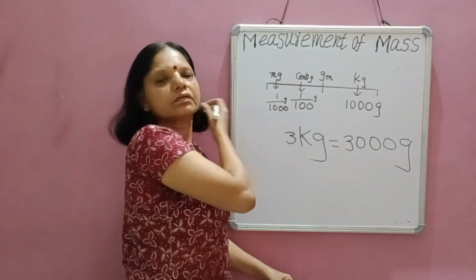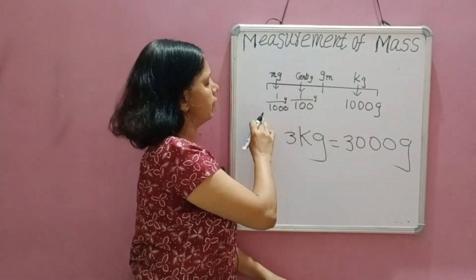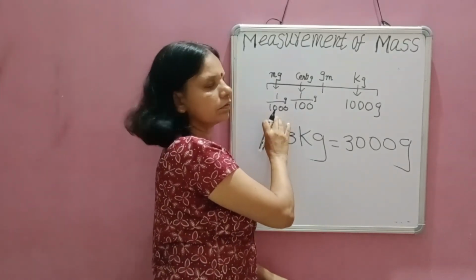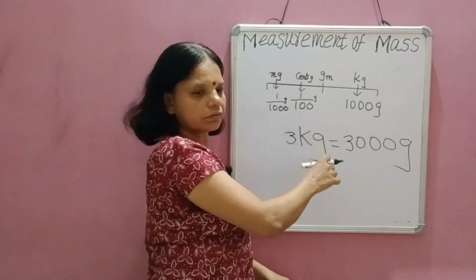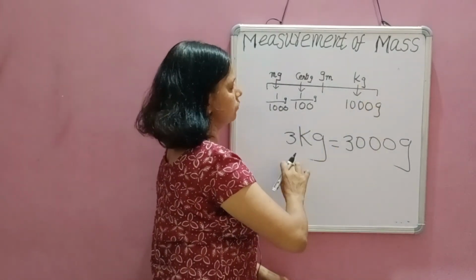To convert a bigger unit into a smaller unit, you have to multiply. Multiply by how much? Again 1000. Clear? This way you have to use this relation and convert.